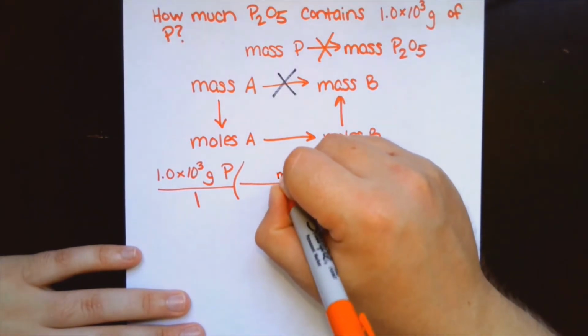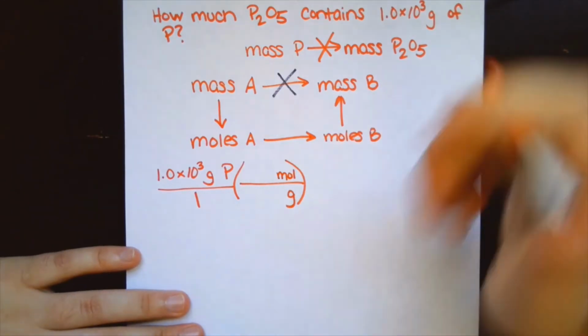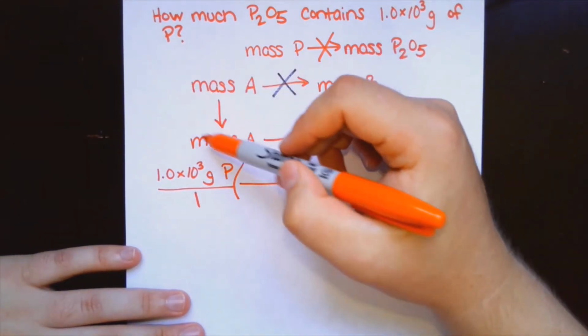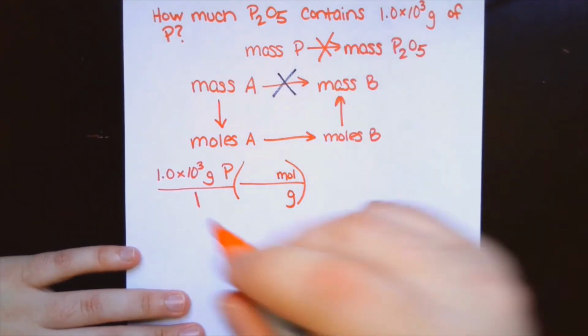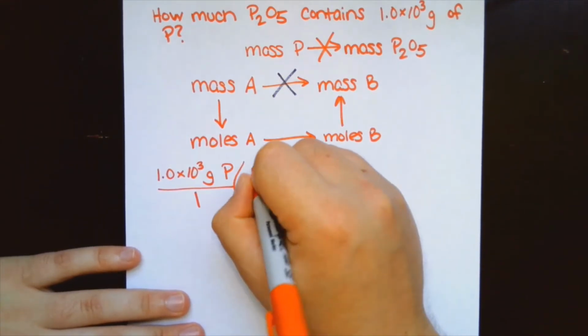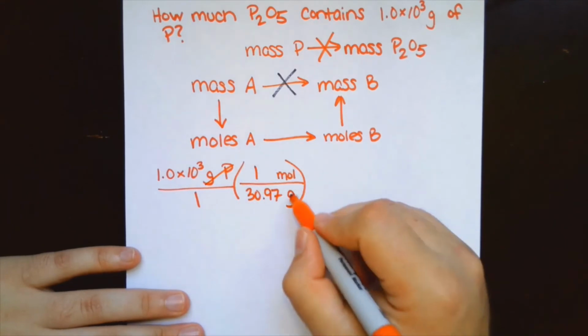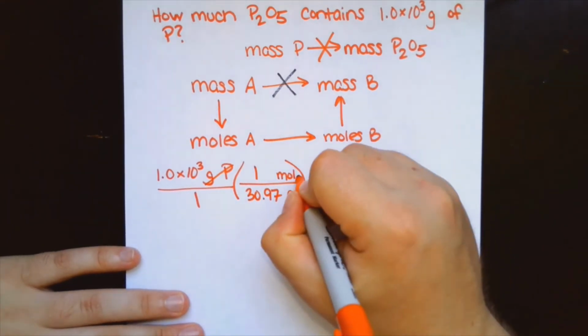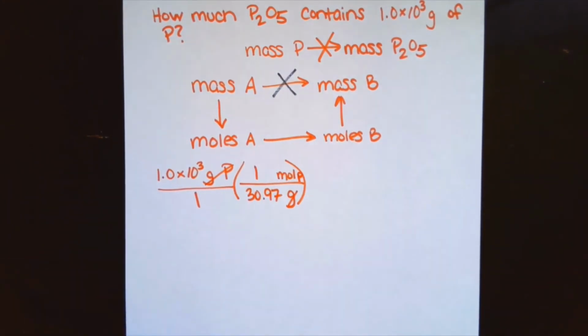So by default, that means moles has to go in the numerator, because we're doing this first step where we have to use the molar mass of phosphorus. The molar mass of phosphorus, you can get from the periodic table, is 30.97. I'm going to cross out the units of grams, so now we're in units of moles of phosphorus.